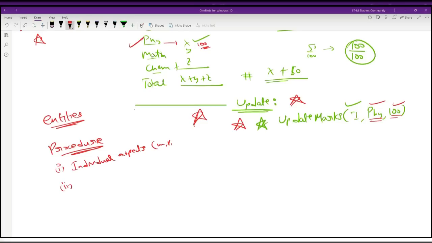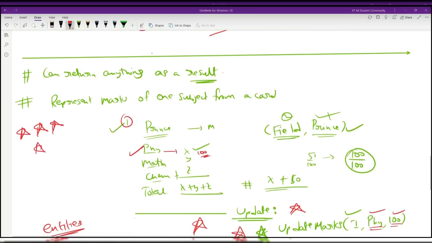These are individual things. And second thing, we can update them using procedure. Directly we can declare a procedure like update marks, as we saw in this example. We can update it, and later on, what else I told?